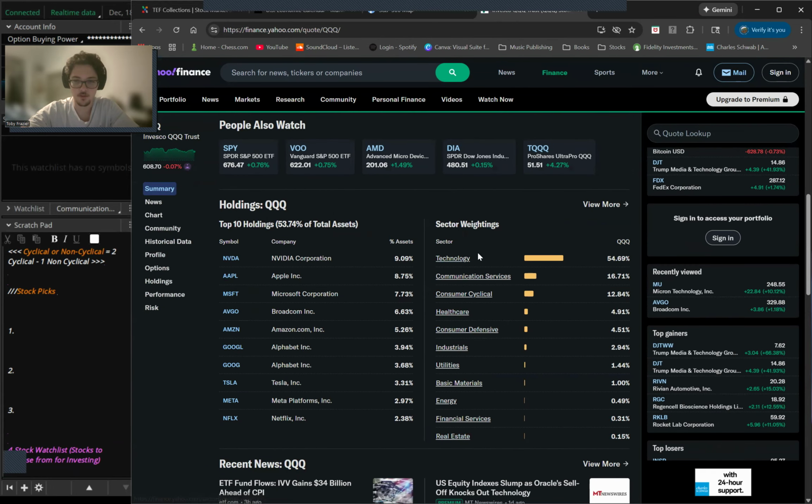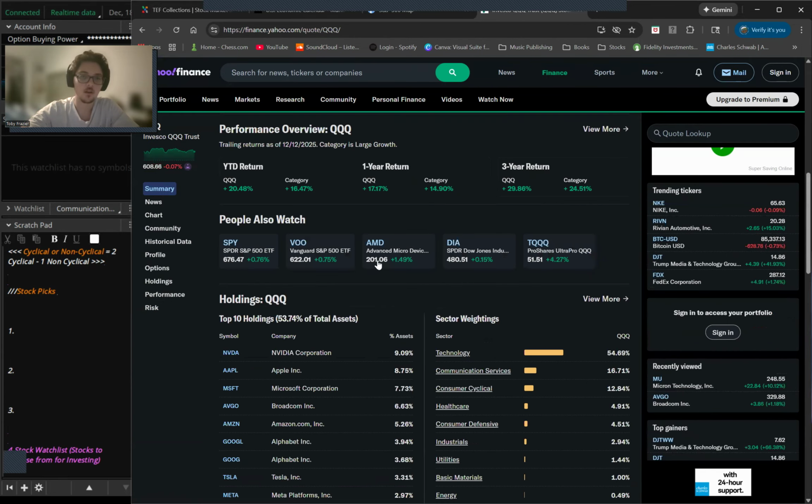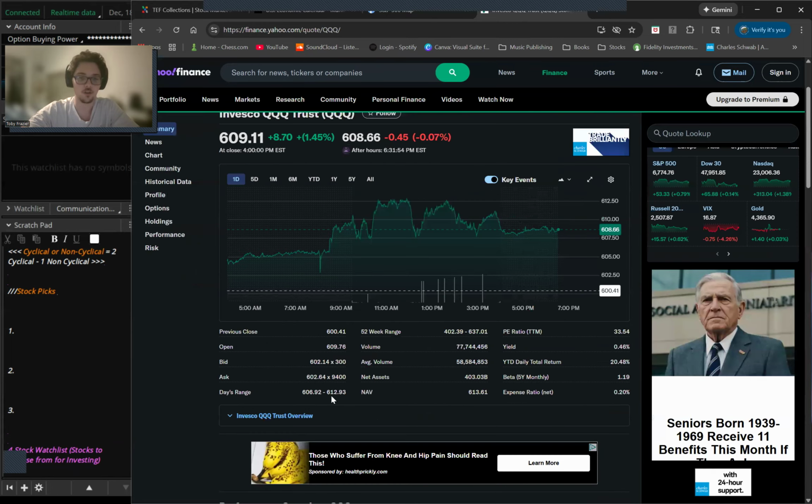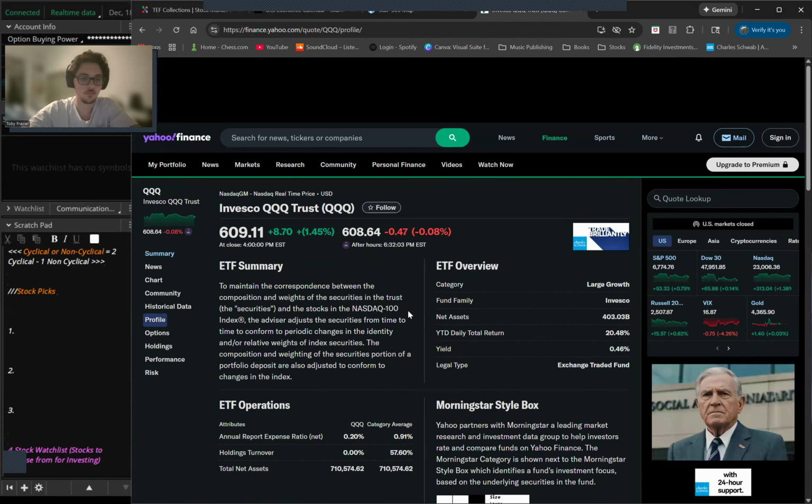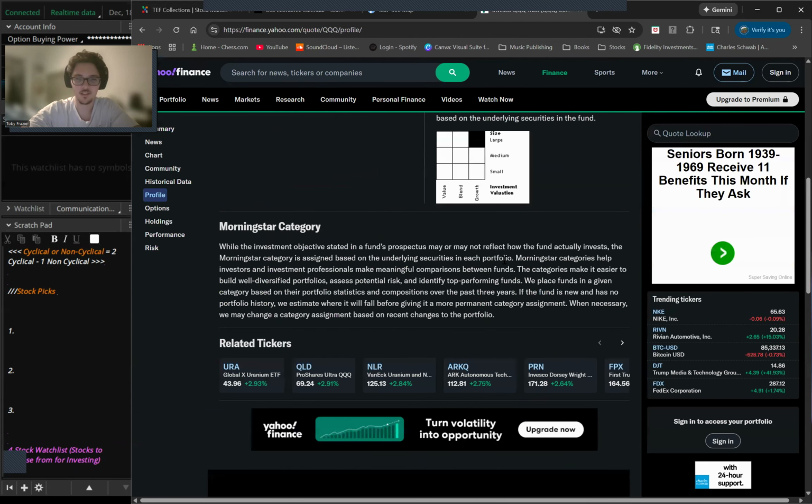So see, it's diversified, but I know it has only 100 stocks. See, Nasdaq 100, just like the S&P 500. I believe it's the 100 best US companies.